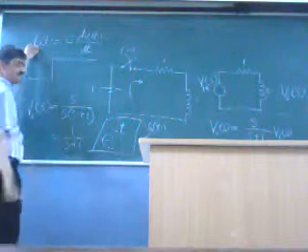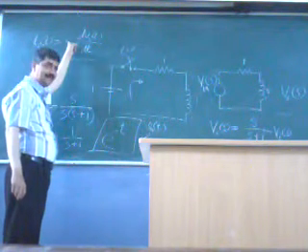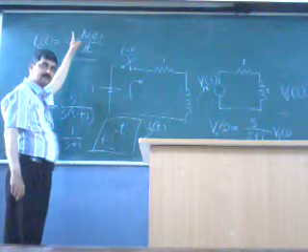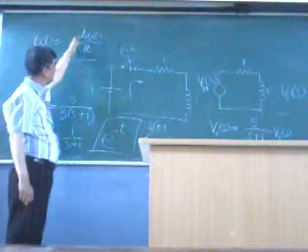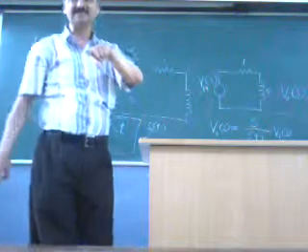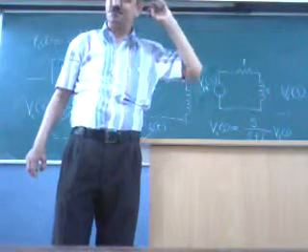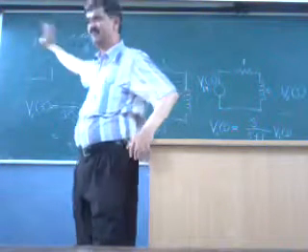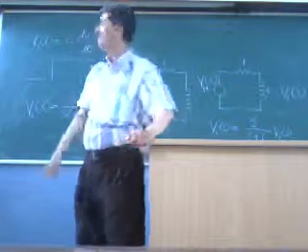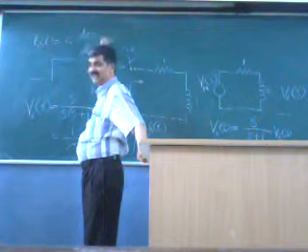So IC(s) is equal to C into the Laplace transform of d/dt of vC(t). That is VC(s) into S minus VC(0). If VC(0) is there, then there is some bigger form of expression. But if VC(0) is 0, then this becomes S into VC(s).